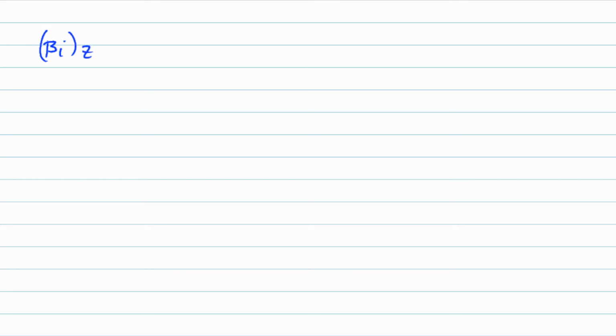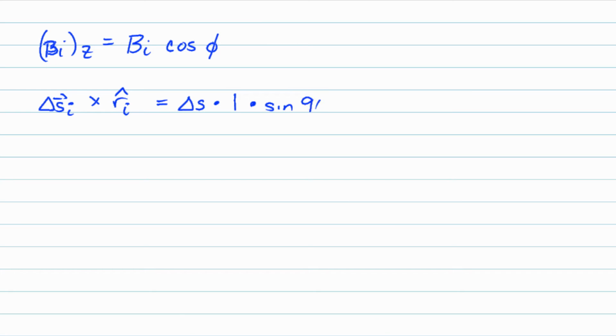So we can write that the BZ component of the ith magnetic field vector is equal to the magnitude of B_i times cosine of phi, the angle between them. And we can also see that the distance crossed with the R unit vector is going to be equal to the distance times 1, because the length of the R unit vector is 1, times sine of the angle between them, which is 90 degrees, so that's just going to be 1.